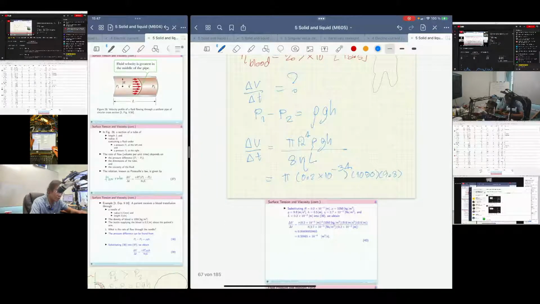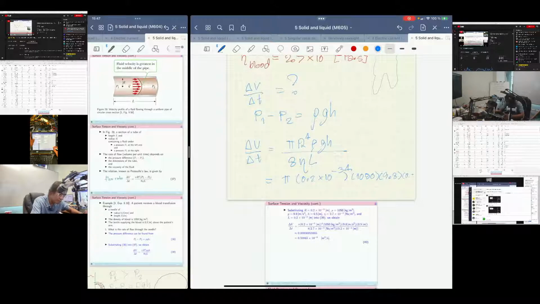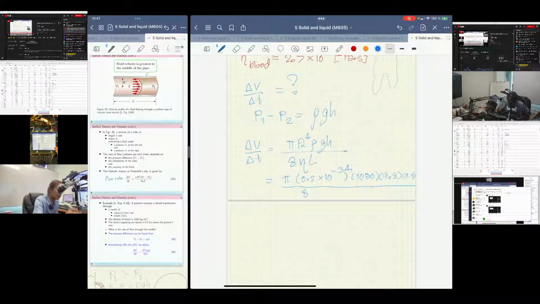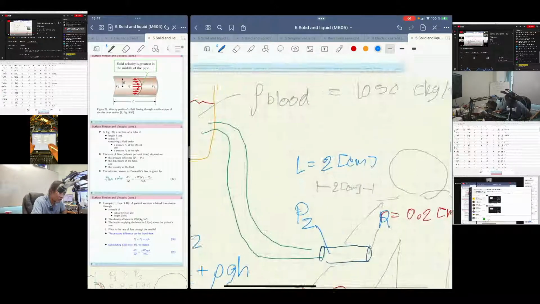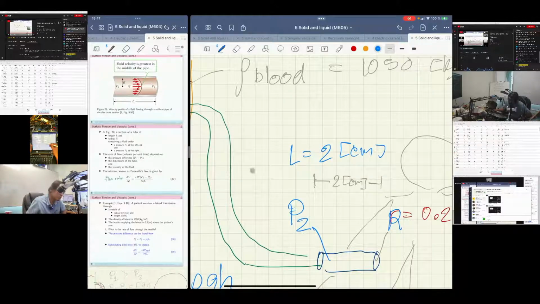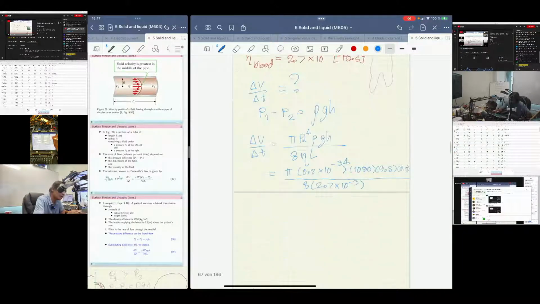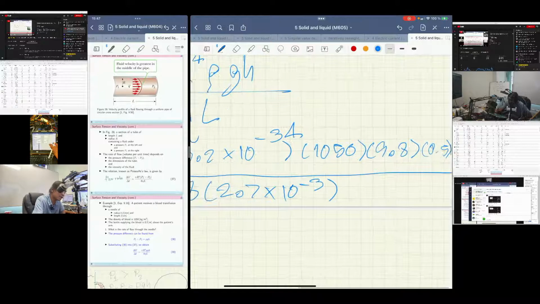You divide it by 8 times eta, which is 2.7 times 10 to the negative 3, and L is the length of the needle, 2 centimeter, but we have to express it in SI, which is 2 times 10 to the negative 2 meter.